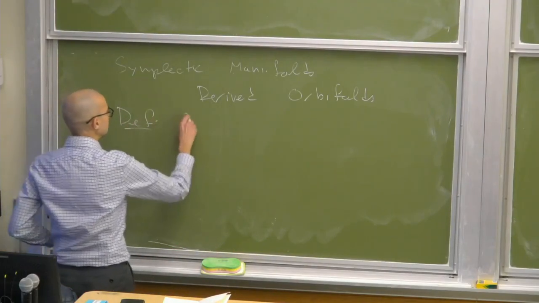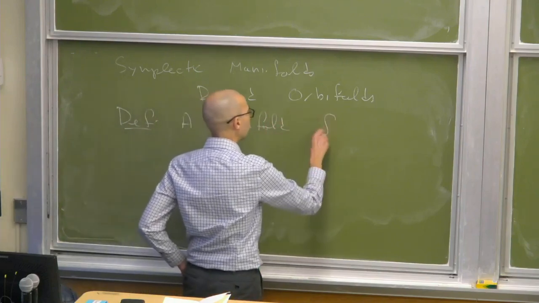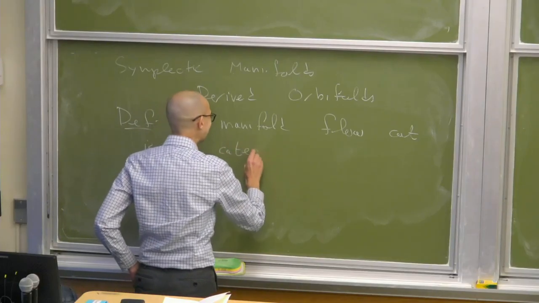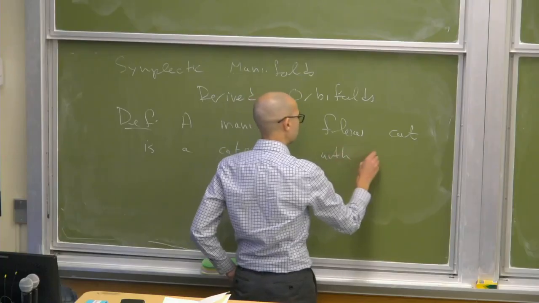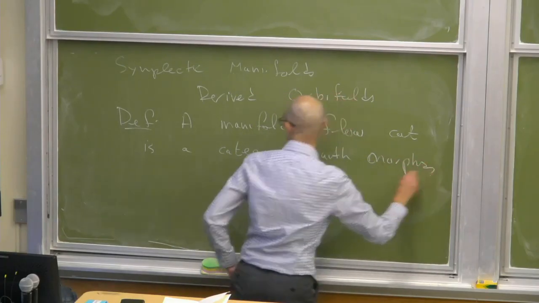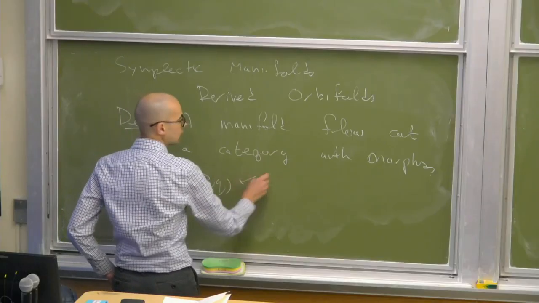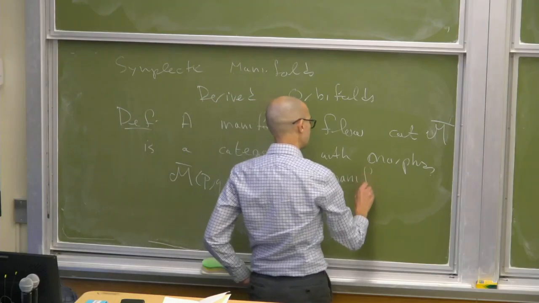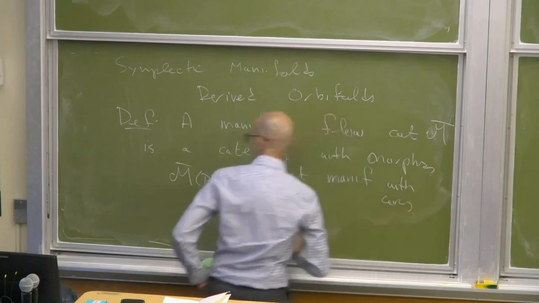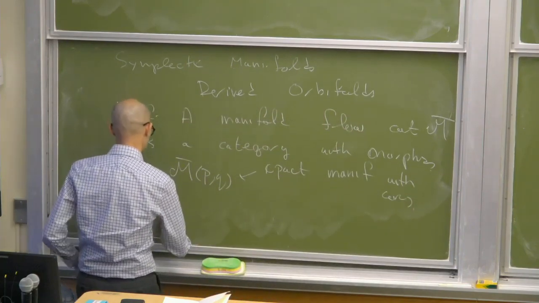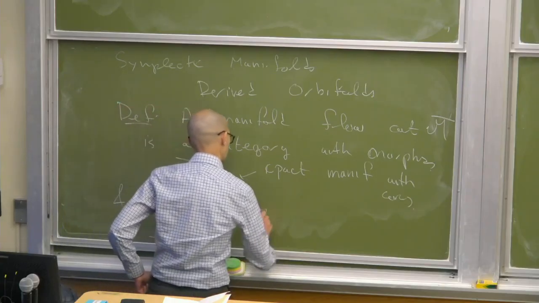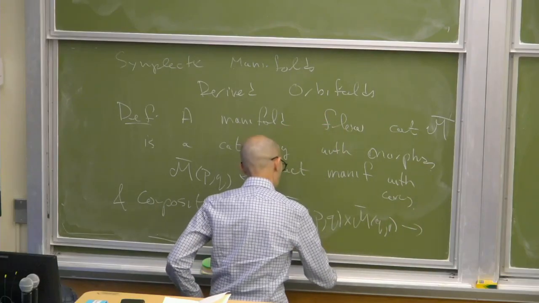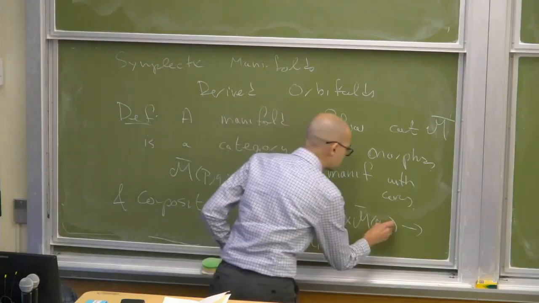The definition: a manifold flow category is a category with morphisms M bar PQ, so let's just call it M bar, that are compact manifolds with corners, and composition maps M bar PQ times M bar QR to M bar PR that enumerate the boundary strata.